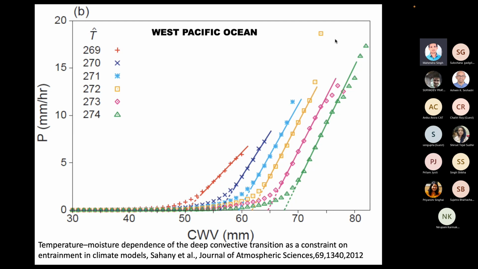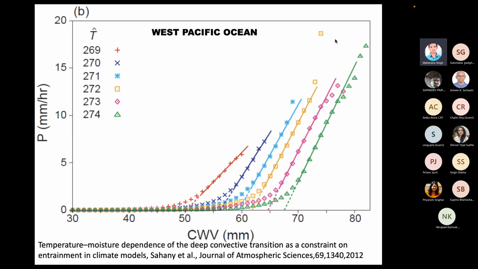X-axis is column water vapor, y-axis is rainfall, and those colored lines are column mean temperature. So this is the first result, again observation, which clearly demonstrates the first order.